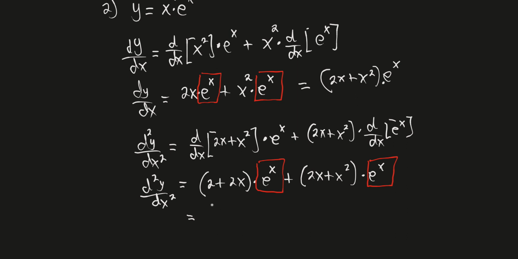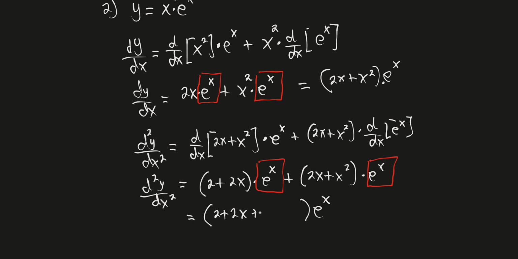So again, if I factor out an e to the x and put it on the right, I have a 2 plus 2x left here, and then I have a plus 2x plus x squared left from the second product.